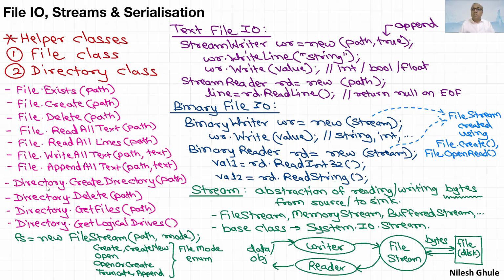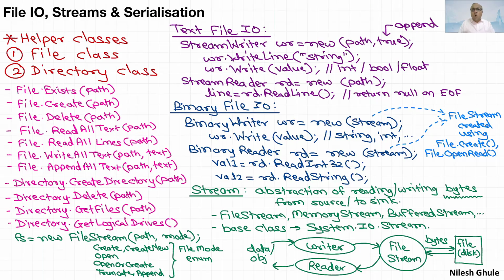There is also a method to check whether the directory exists or not. There is also a method to create a directory, delete a directory, get the content of a directory, to get all the files or directories from that directory. And also we can get the logical drives like C drive, D drive, and so on.